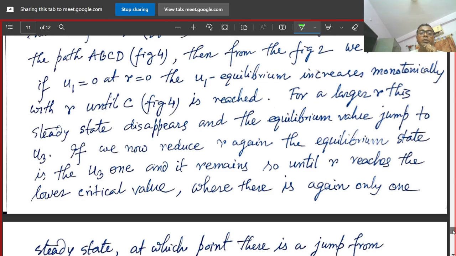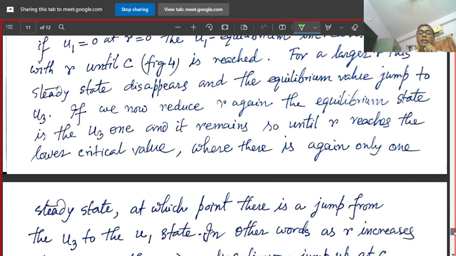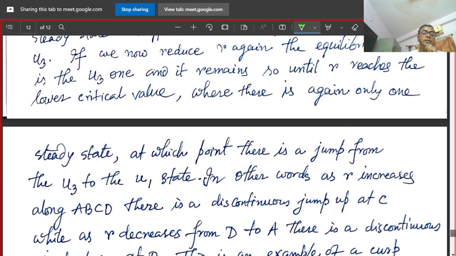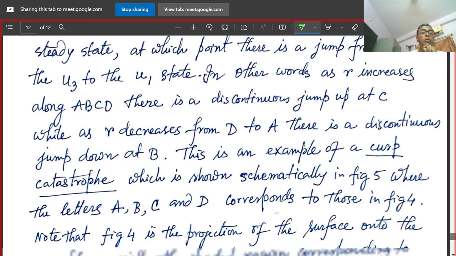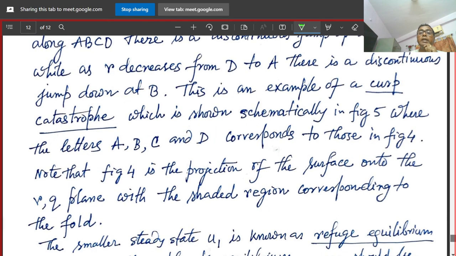If we now reduce R again, the equilibrium state is u3 and it remains so until R reaches the lower critical value, where there is again only one steady state, at which point there is a jump from the u3 to u1 state. In other words, as R increases along ABCD, there is a discontinuous jump up at C, while as R decreases from D to A, there is a discontinuous jump down at B.